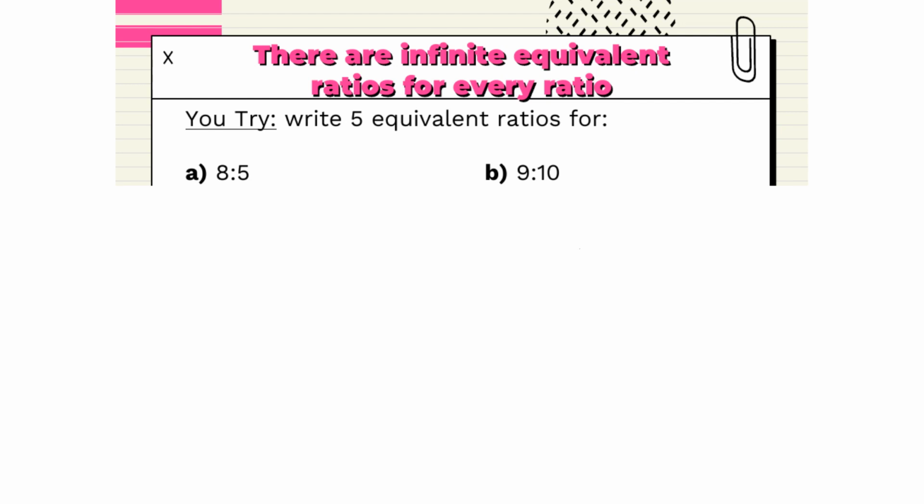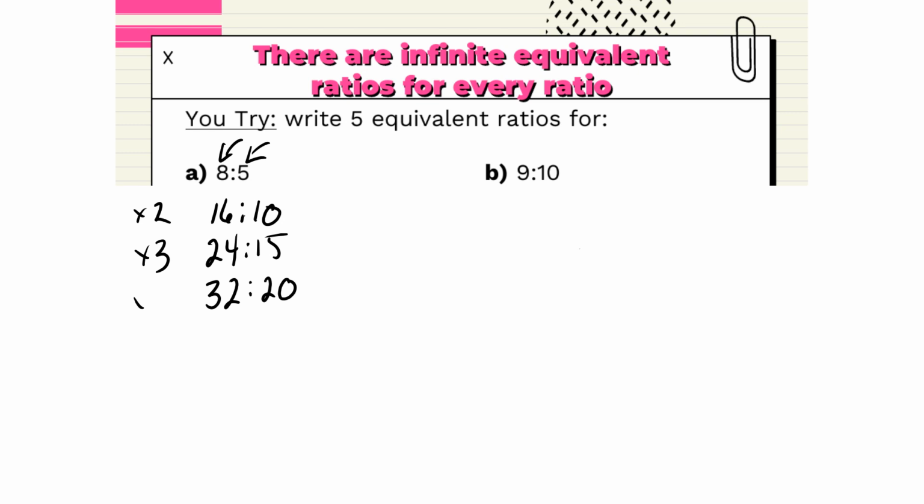If we've got a ratio of 8 to 5, that's also the same as 16 to 10, or 24 to 15, or 32 to 20, and so on. All we're doing is multiplying both sides by the same number. Here we multiplied both sides by 2, here we multiplied by 3, here we multiplied by 4, and so on.